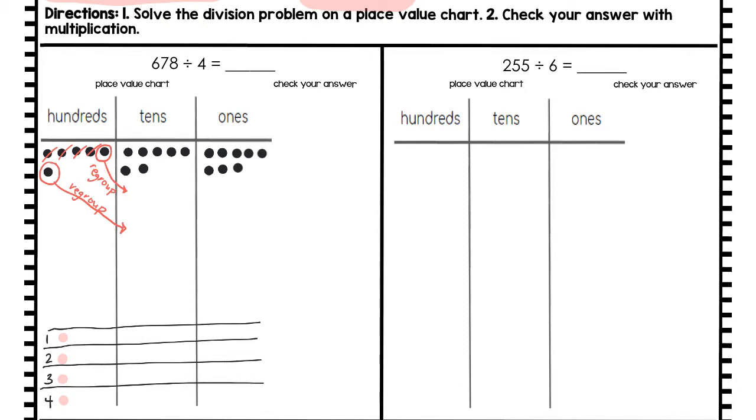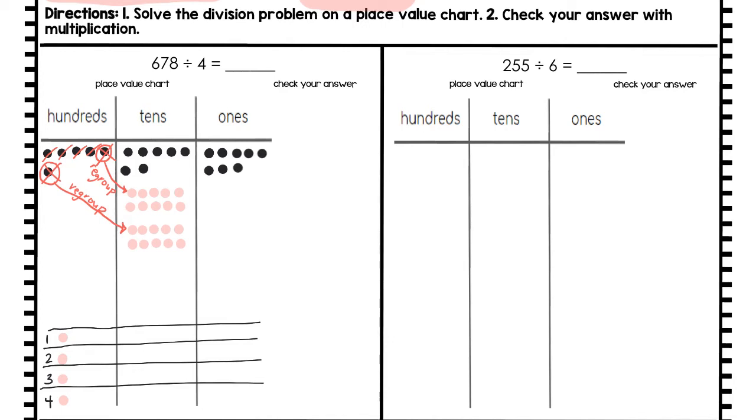So I'm going to regroup each of these hundreds into 10 tens. There's 1 ten, and there is another 10. We've used that, so we're going to cross it out.